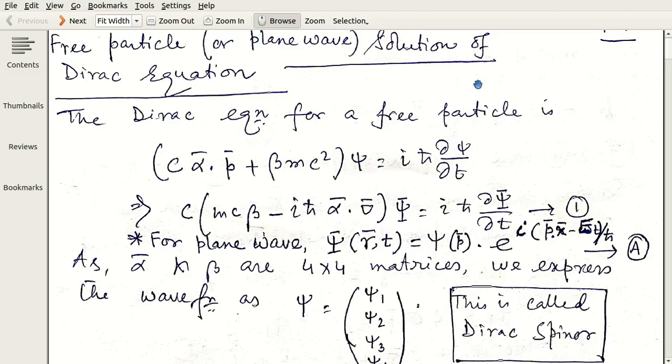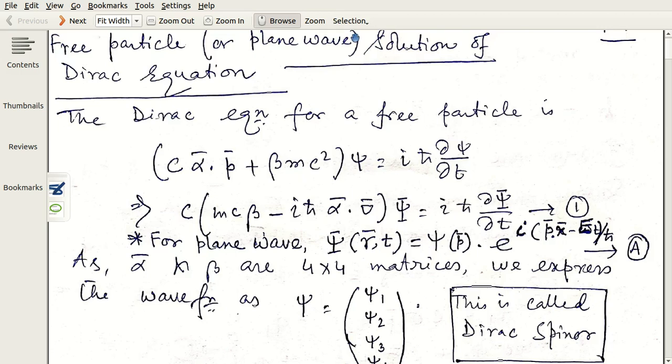We will discuss the free particle solution of the Dirac equation. We know that the free particle solution is a plane wave, so it is also known as the plane wave solution of the Dirac equation.